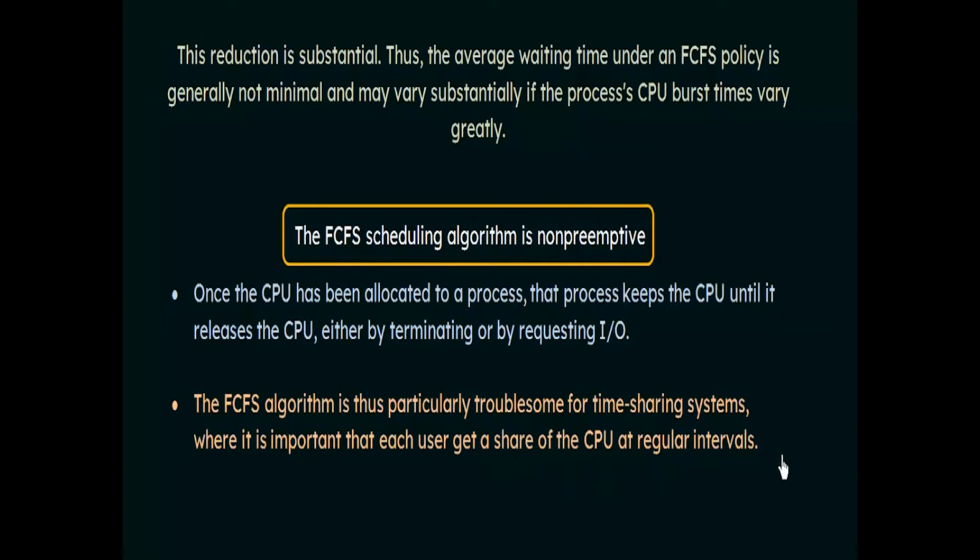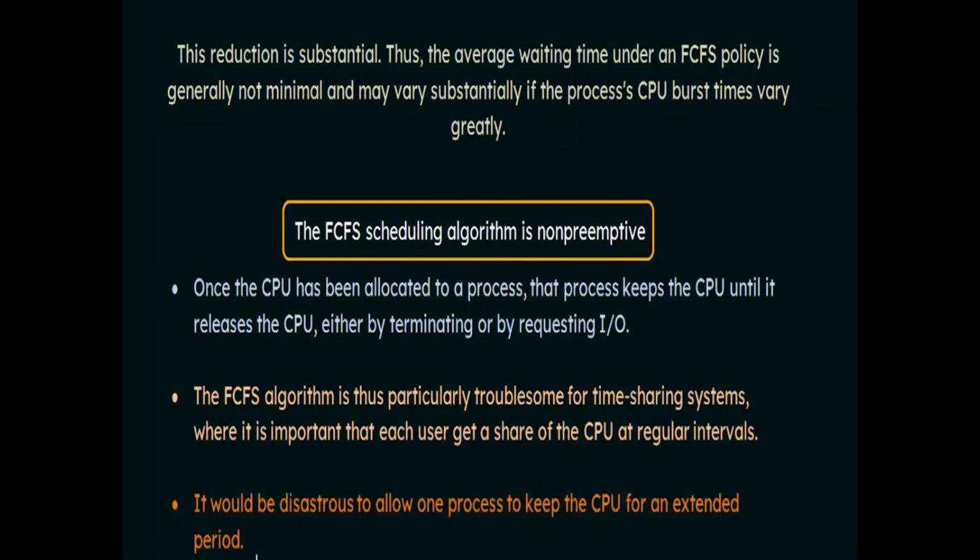FCFS is not useful in time sharing systems, where it is important that each user gets a share of the CPU at regular time intervals. In a time sharing system, the time of the CPU is shared among all the processes. So the first come first serve scheduling concept is not possible for time sharing systems.